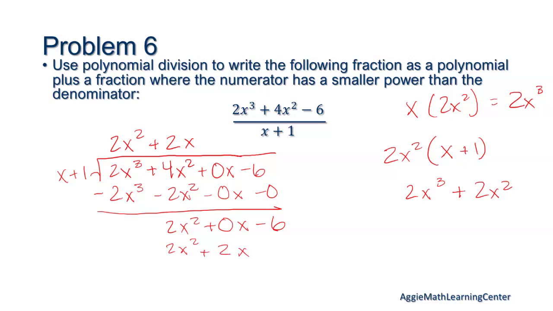Since we're going to subtract that whole expression, we're going to flip our signs on everything. So now we have minus 2x squared minus 2x. Subtract that whole thing there. What are we left with after that?